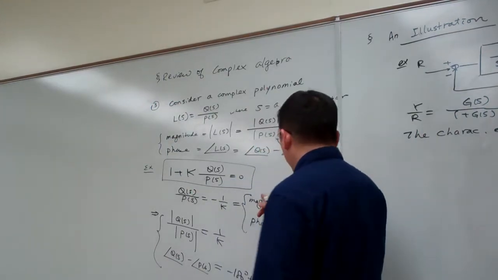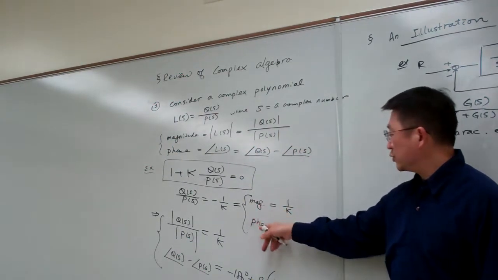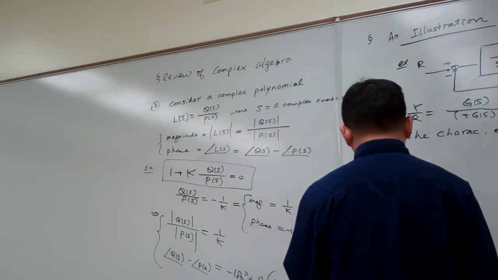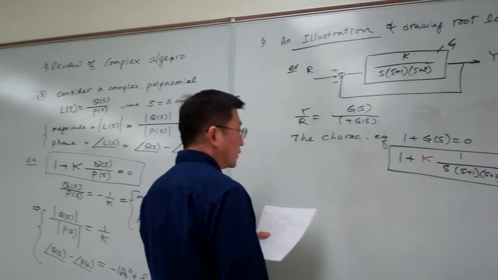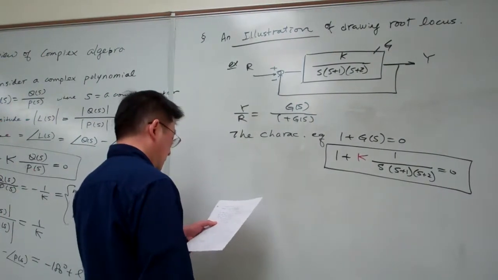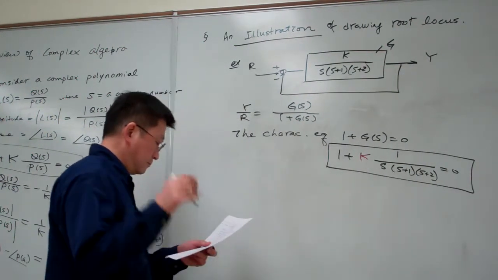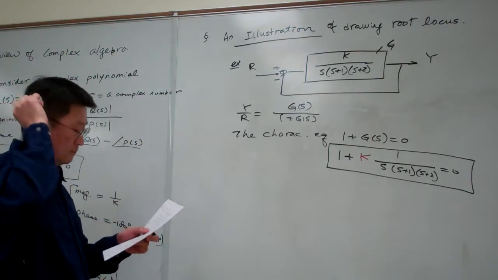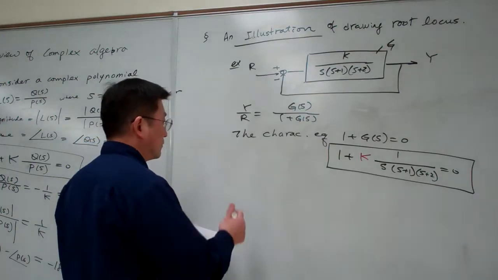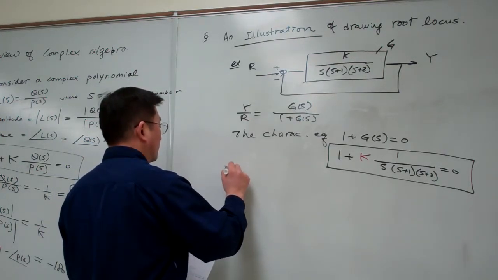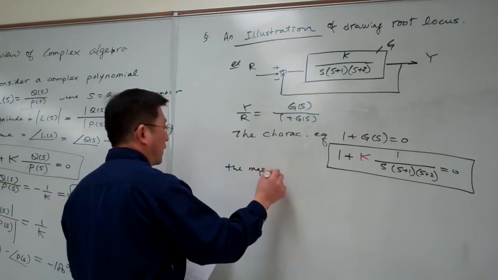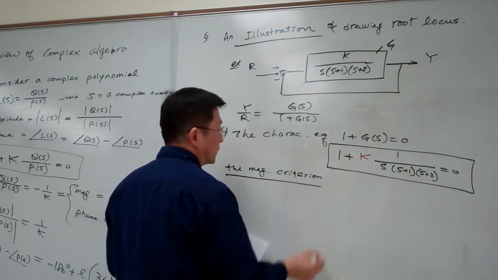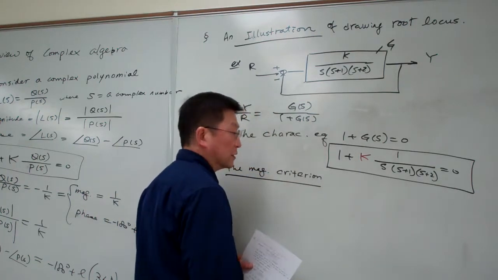And here we have two criteria. One is the magnitude, and one is the phase criterion. Okay, so let me do it this way. The magnitude criterion, and for this case it is this.